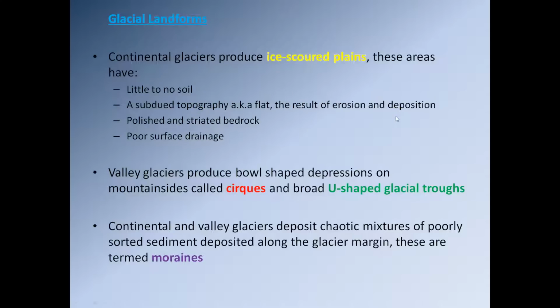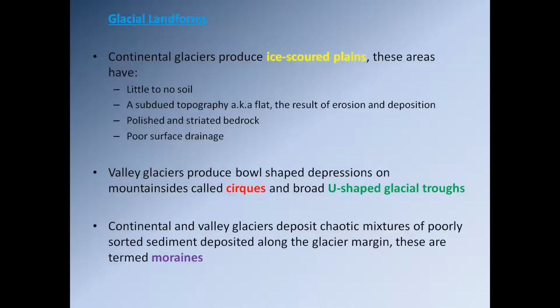Once again, that's because the glacier has either planed off areas of topography, so hills have been leveled out by the force of the glacier, they've been eroded away, or topographic lows in the region have been filled with glacial sediments. And so that means the topography in the area will become very, very flat.